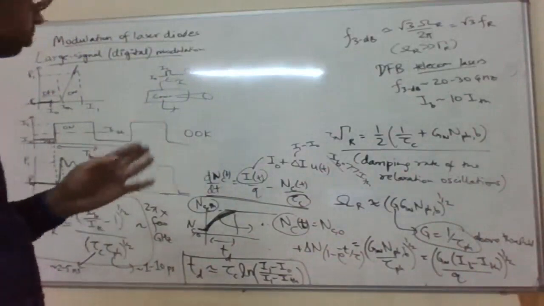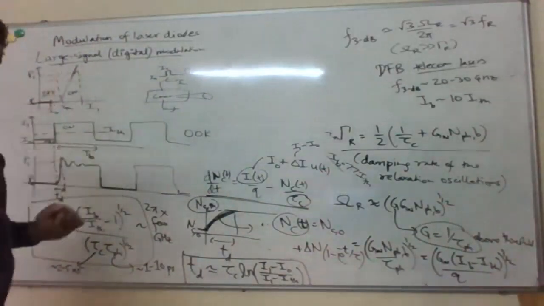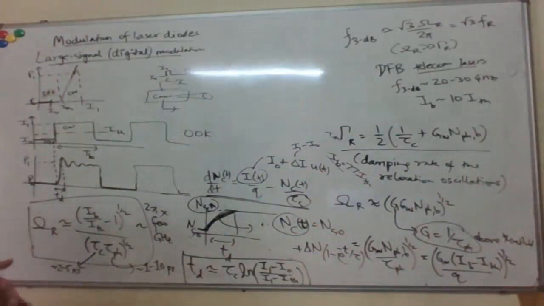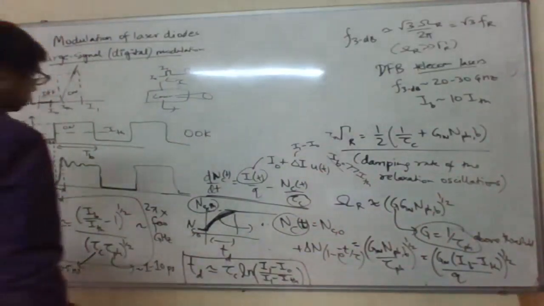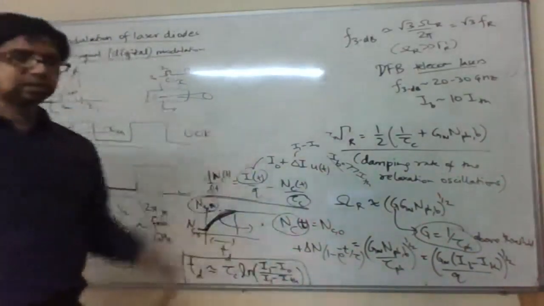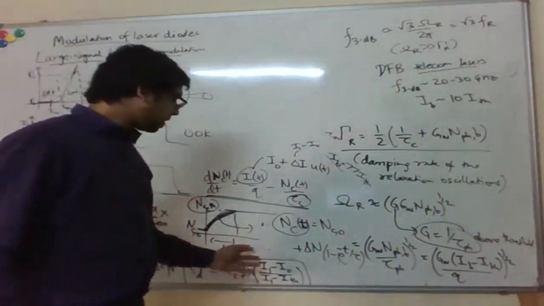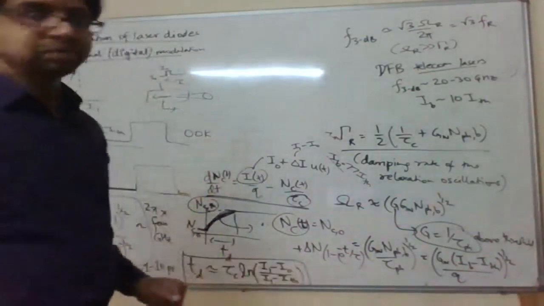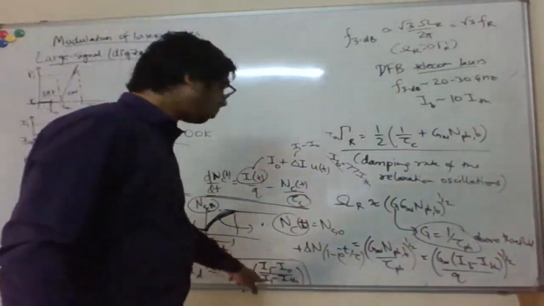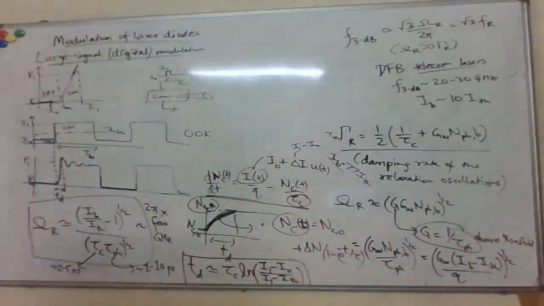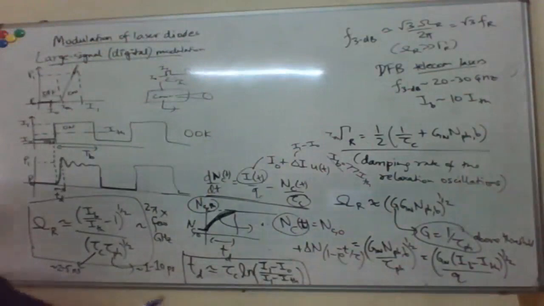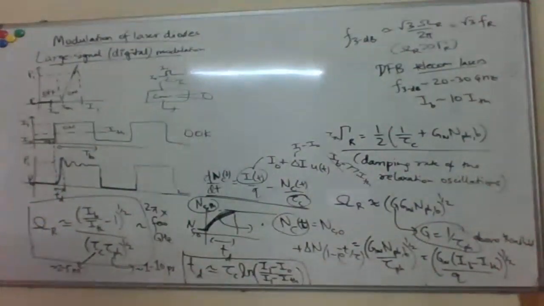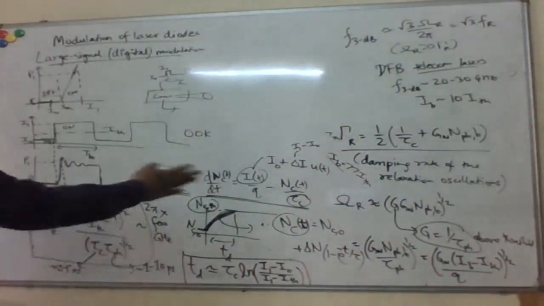You probably want to stay below 10 times threshold current to not damage the device in the long run. So you can't make I1 very large. Probably 5 times or 7 times I threshold is the maximum you can go for I1. So I1 and I0 are just the currents that you're sending for bit 0 and bit 1.